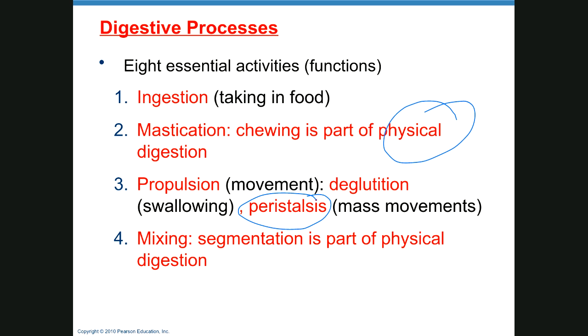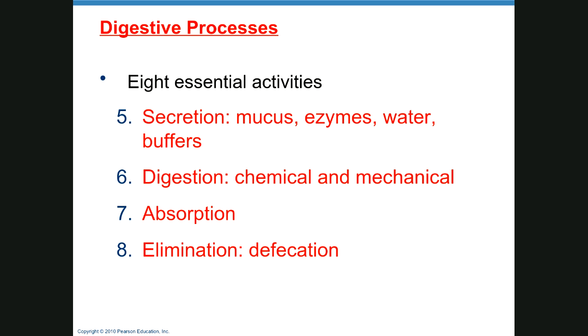The mixing of food throughout the GI tract is called segmentation. Deglutition is another word for swallowing. Digestion involves secretion of enzymes. Digestion is chemical and mechanical. So there will be absorption of the nutrients and then elimination.